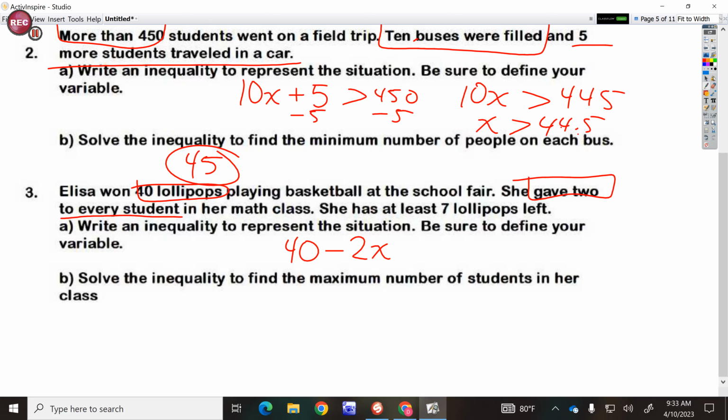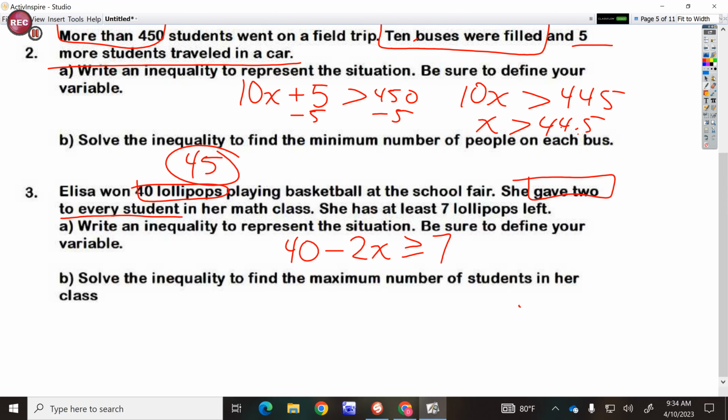The amount of students she's giving those 2 candies to. Are you with me? So far, so good? Now we finish it off the usual way. It says she wants to have at the end at least 7, which means greater than or equal to 7. That's your inequality. Solve it to find out the value for B.